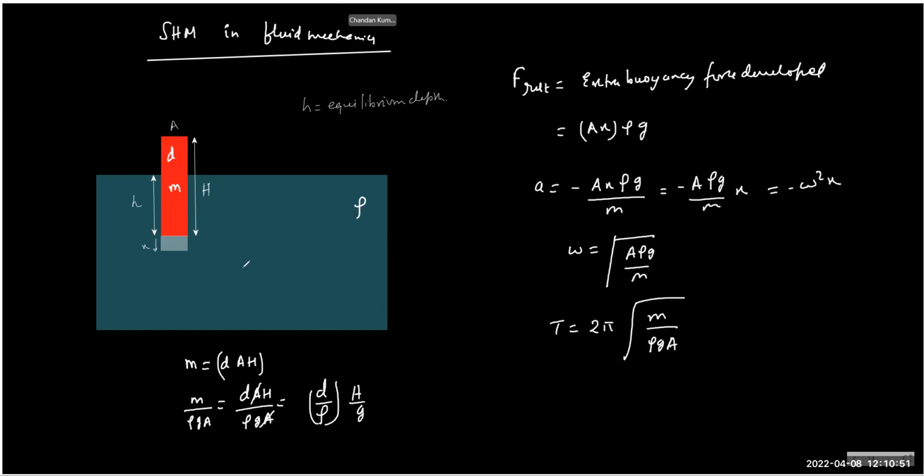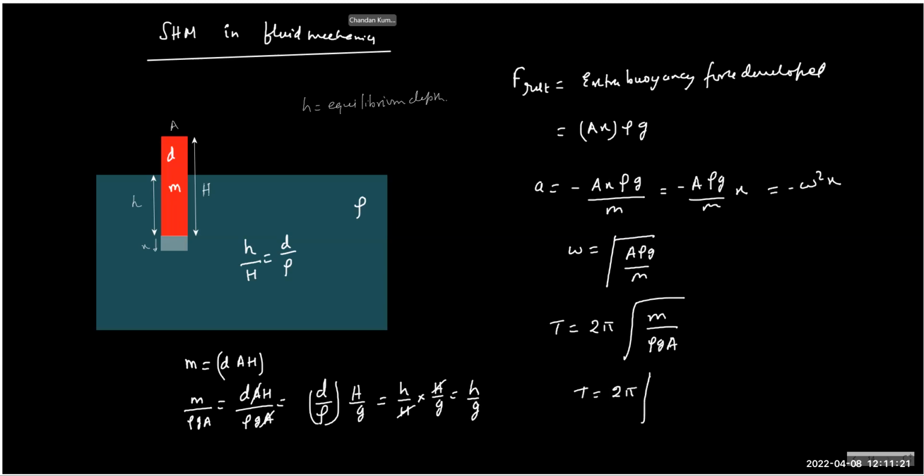Now, if you remember, the ratio of the submerged part upon the total length is always equal to the density of the object upon the density of the liquid. So D by rho itself is small h by capital H. You can go and revise it. Eventually, it will be equal to only small h by G. That's what I said.